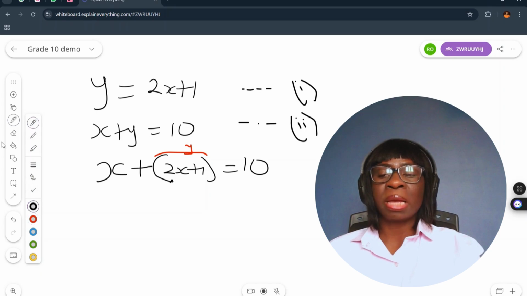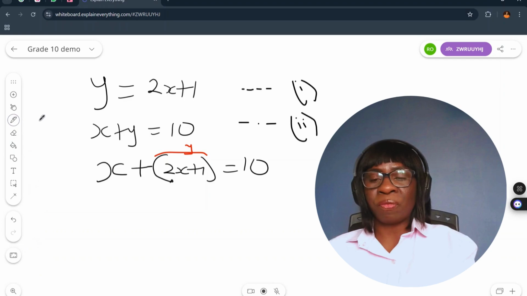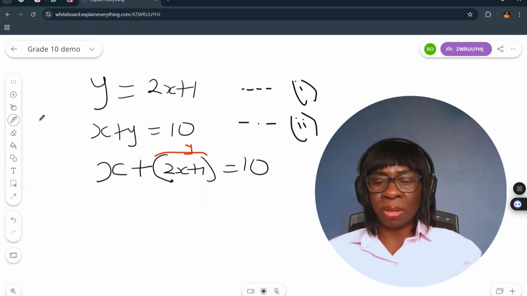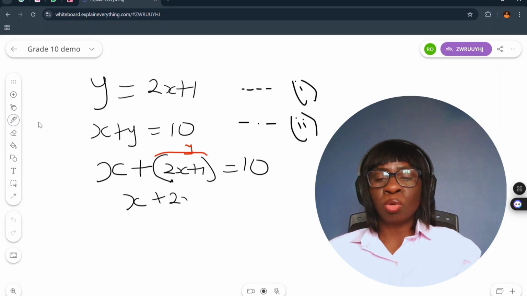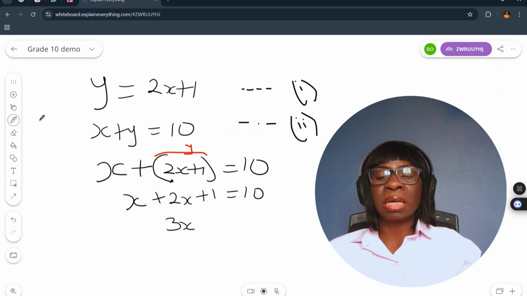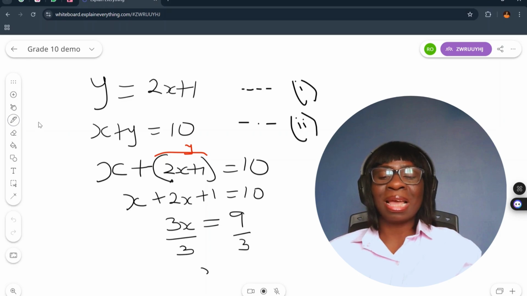Now let's solve further by opening the bracket so that we have x plus 2x plus 1 equals 10. x plus 2x gives 3x. Then when 1 goes to the other side, it becomes minus, so 10 minus 1 gives 9. Then we divide both sides by 3 so that x equals 3.